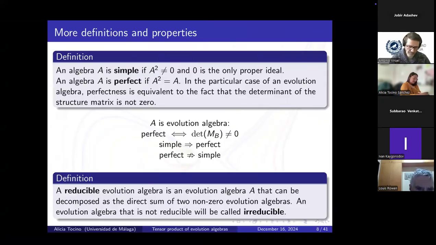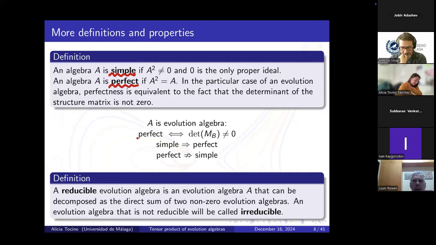Okay, another definition that we will use is simple. An algebra is simple if the square is different from 0, and 0 is the only proper ideal. And we say that an algebra is perfect or regular if the square is equal to A. So in the case of evolution algebras, the perfect case means that the determinant of the structure matrix is different from 0.